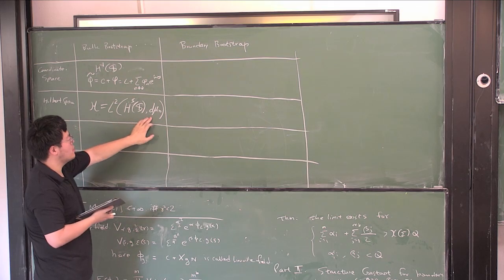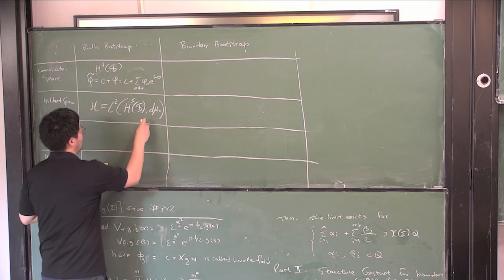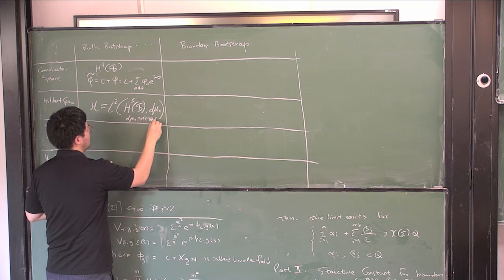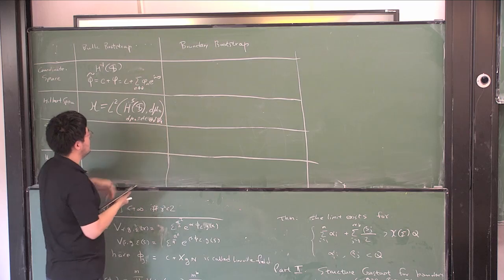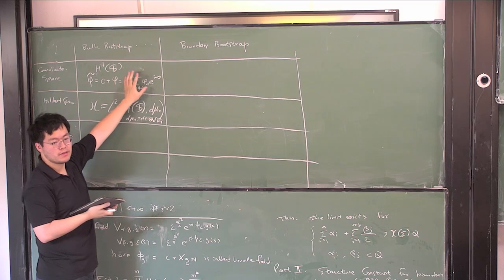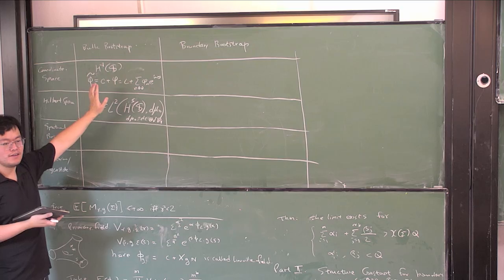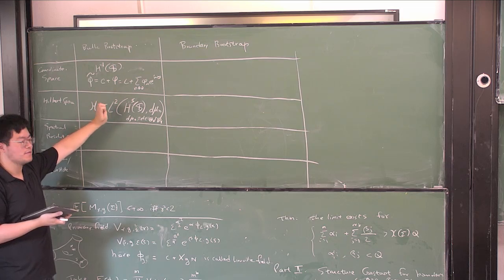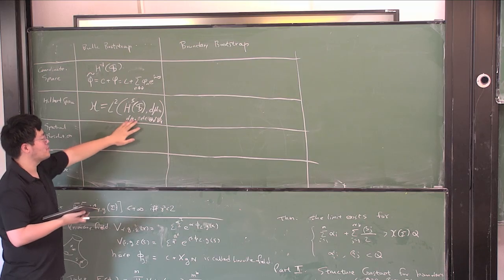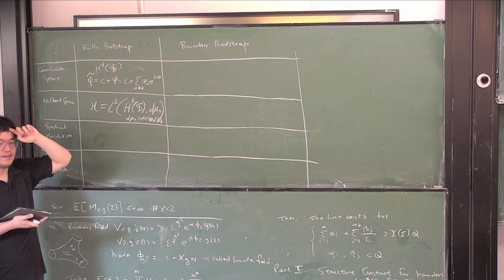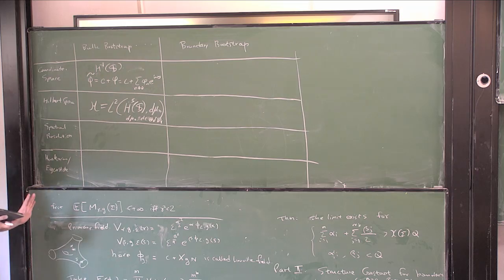In this space, d mu 0 is a product measure on C, and this makes each phi n a complex Gaussian. So there are just two real Gaussians, two real coordinates.